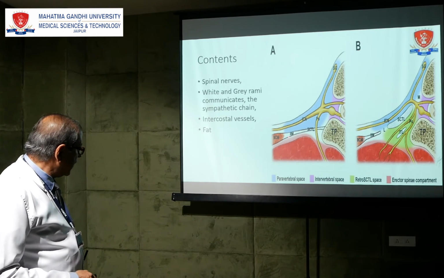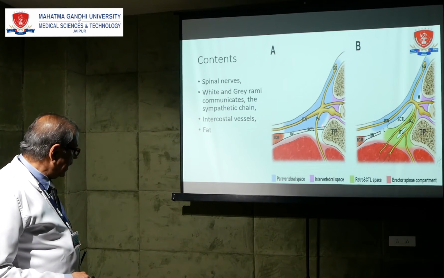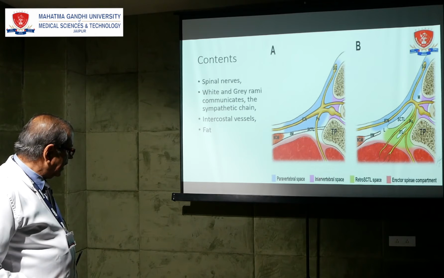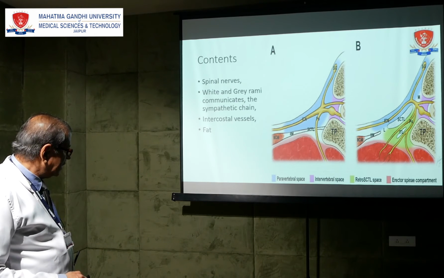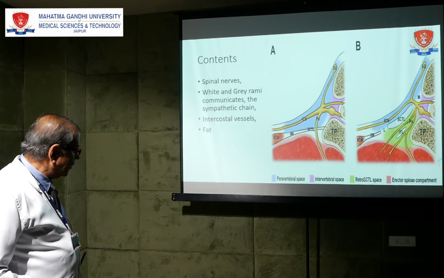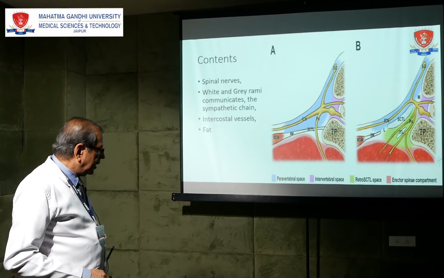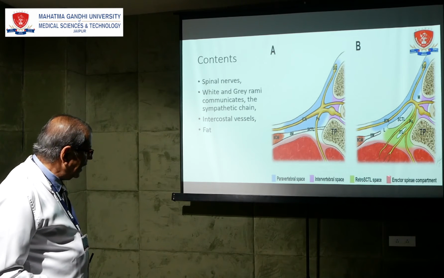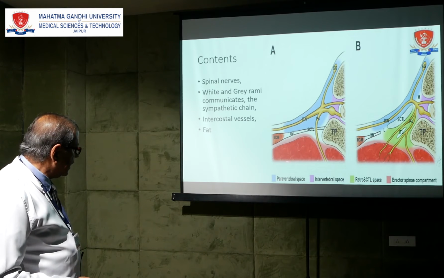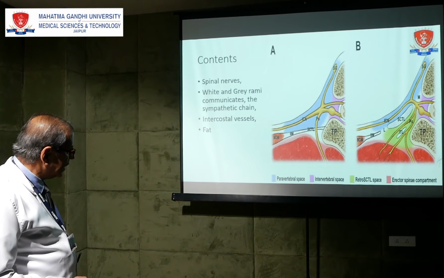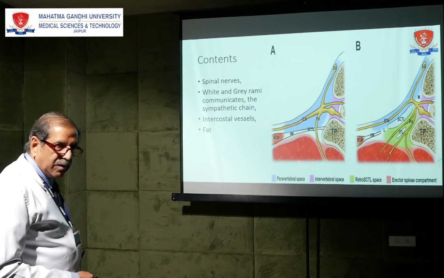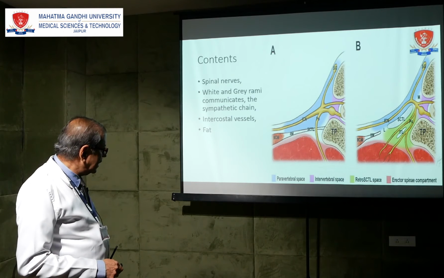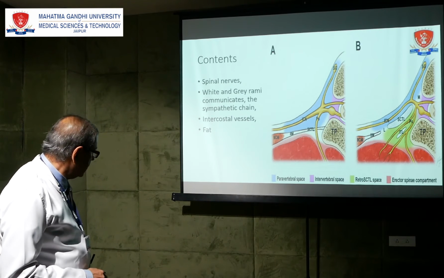So, this is the paravertebral space, and you see that the intervertebral space is there, the retrolaminar space is there, and this is the erector spinae compartment. So, this is outside this. When we talk about the technique, you will know that this muscle comes on the way.